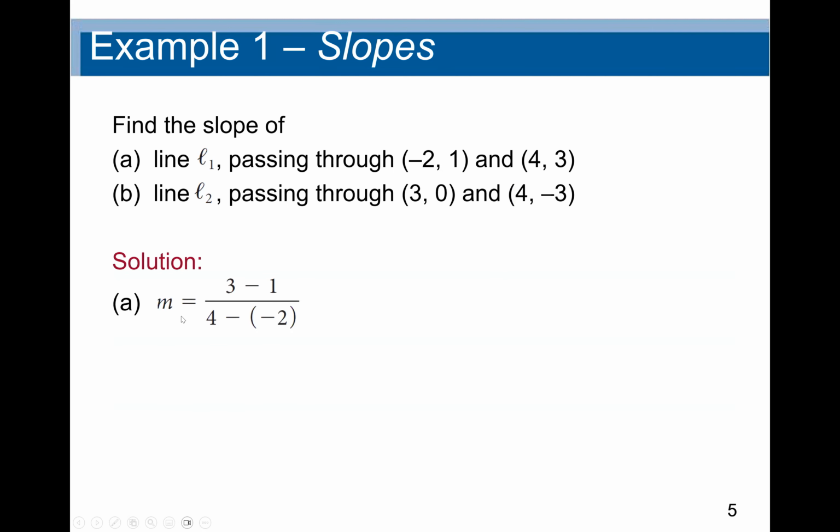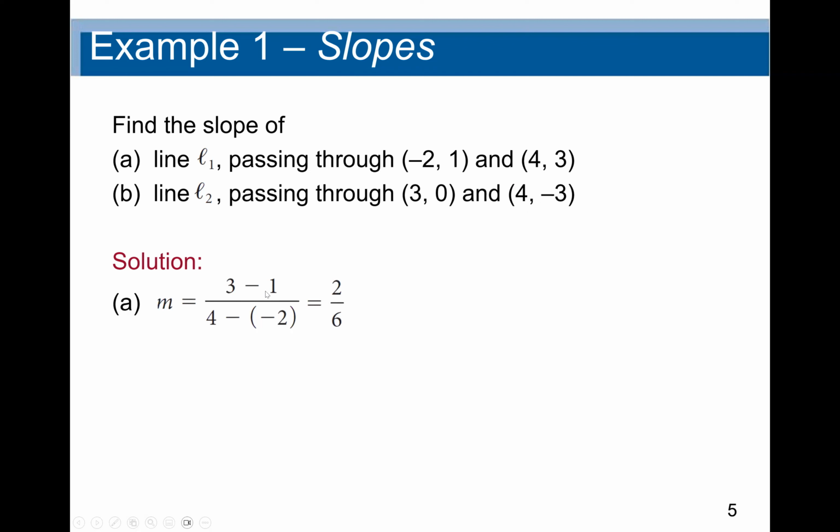So we can write the slope formula with the difference of the y. So here we say 3 minus 1 divided by the difference of x, which will be 4 minus -2. It's the same as saying 1 minus 3 and -2 minus 4.